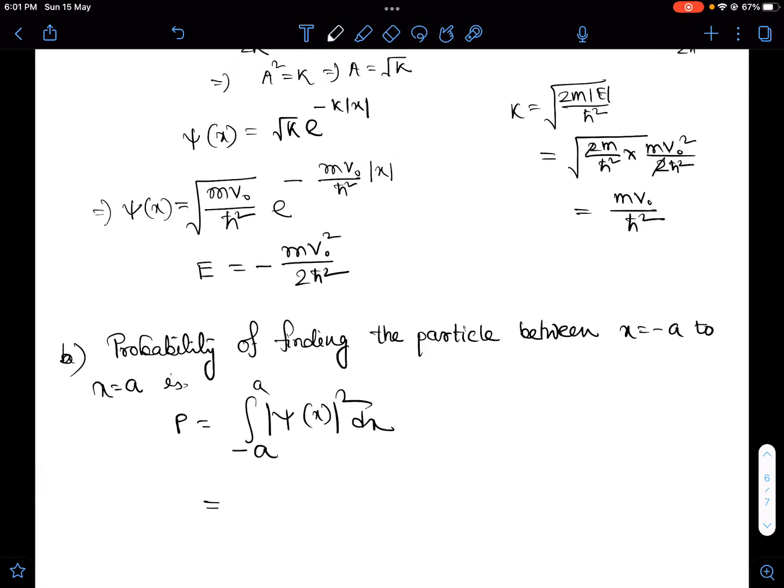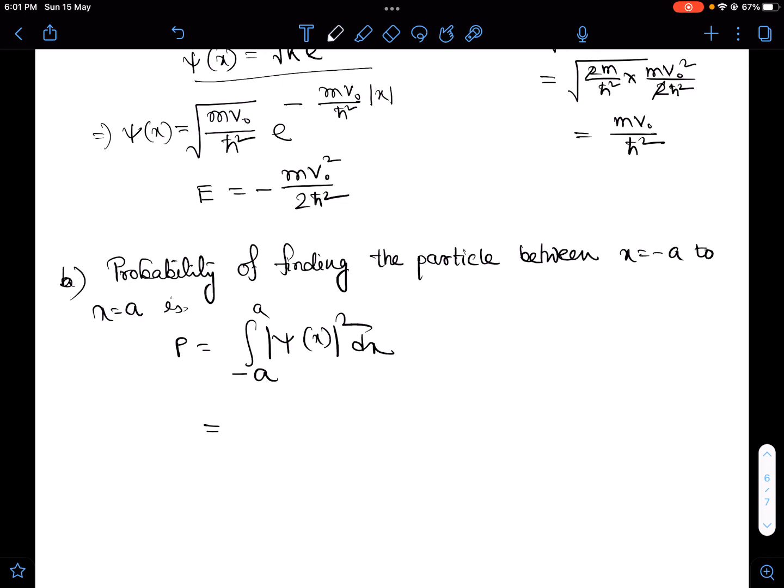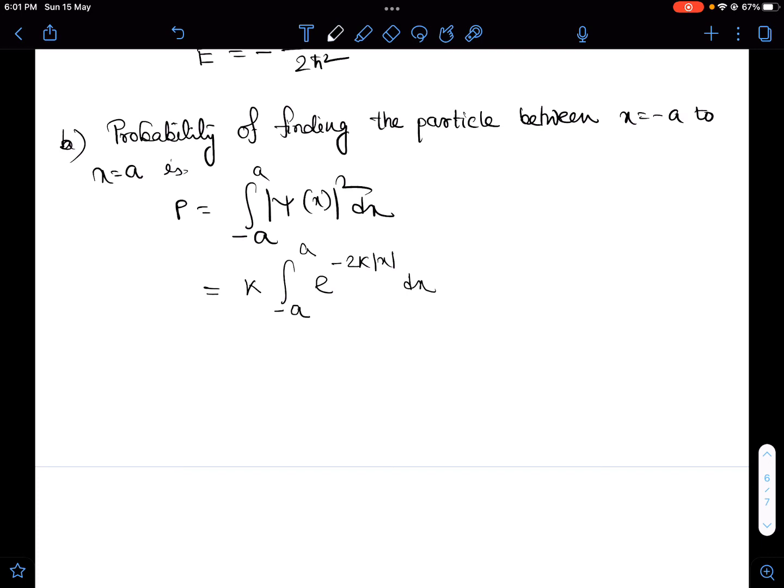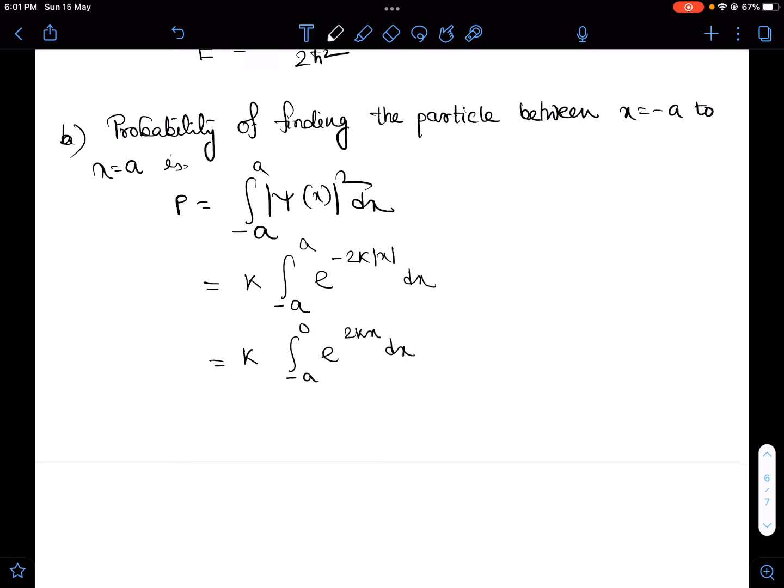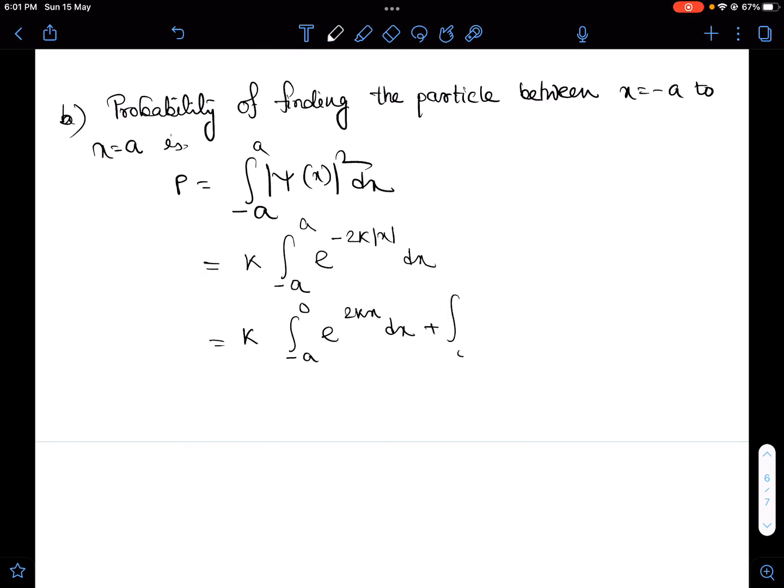Psi x is this, so we have k, and from minus a to a we have e to the power minus 2k mod x dx. So let us evaluate this integral. So minus a to 0 e to the power 2kx dx, and 0 to a e to the power minus 2kx dx.